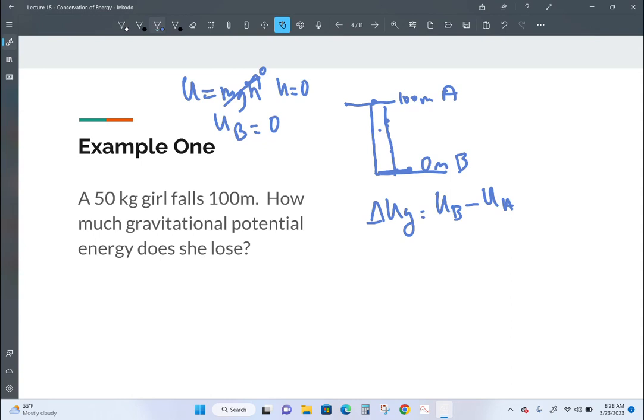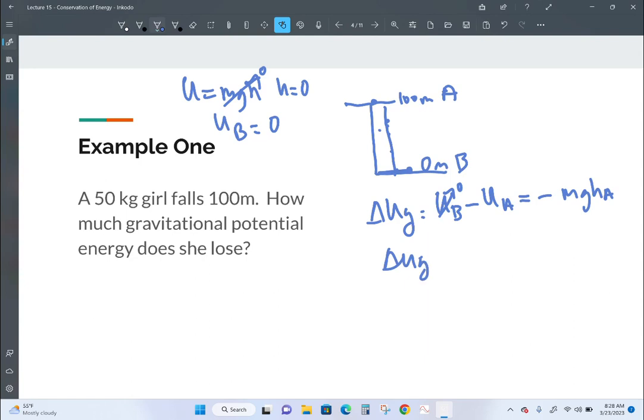So it makes sense to use the ground as 0 and then the 100-meter high cliff as the other position. So this is going to be 0, and this is going to be negative mg times h at A.